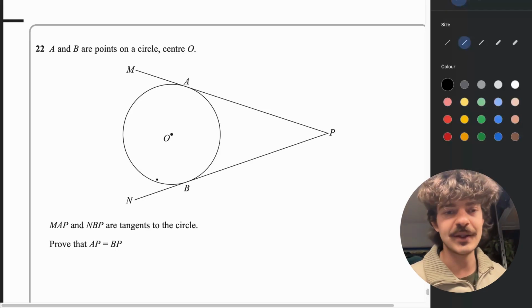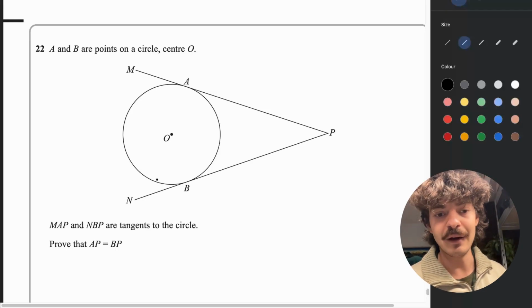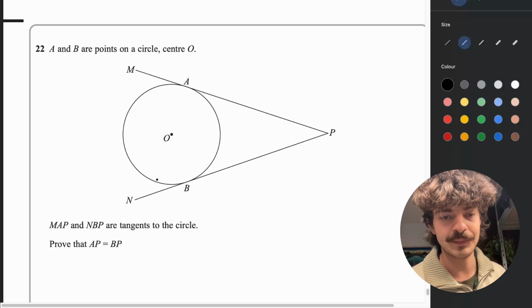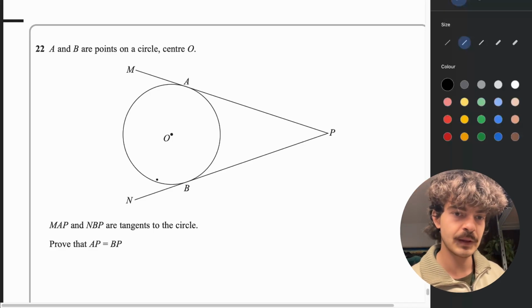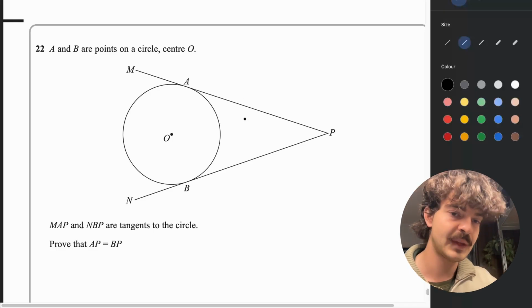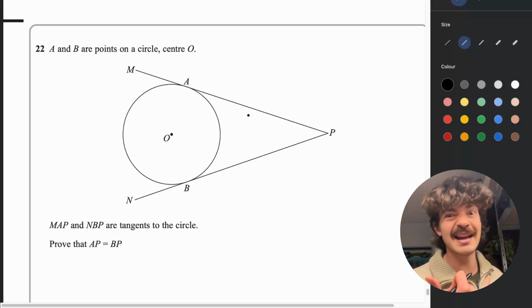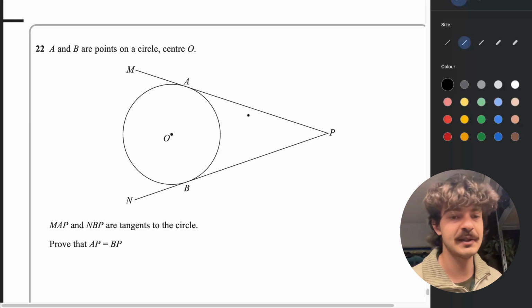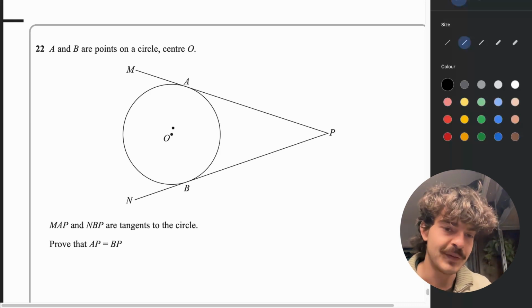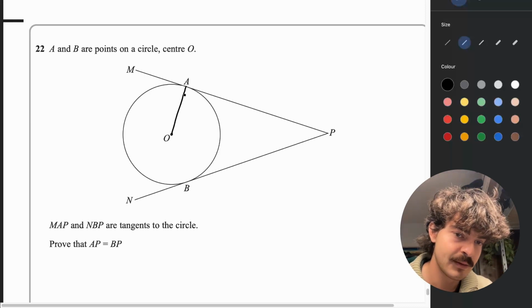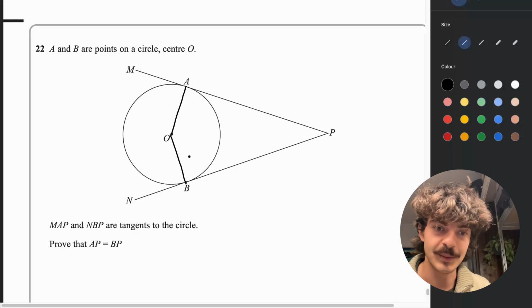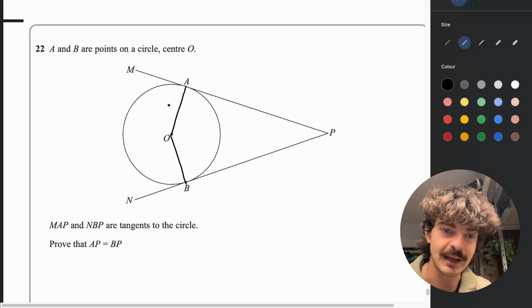Now, the way that we're going to do this is by finding a congruent triangle. If they're congruent triangles, it means that the lengths and the angles must be the same all the way around them, right? So let's see what we can do. We know that from this circle, from O to A and O to B, this length is the length of the radius.